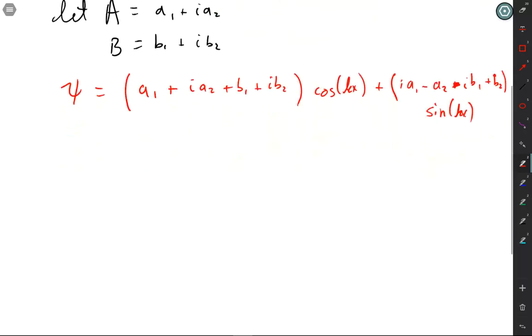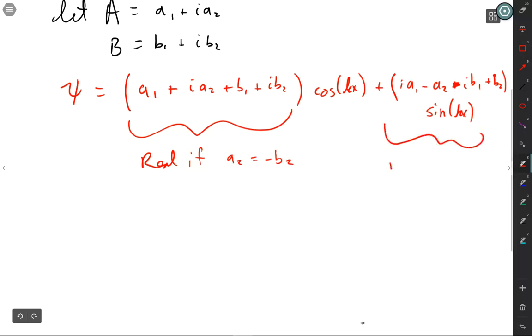And so if we look at this, there's usually another step to what we would do. We want to make these so they're both real numbers. And these can be both real if a2 is minus b2, and this is real if a1 equals b1.